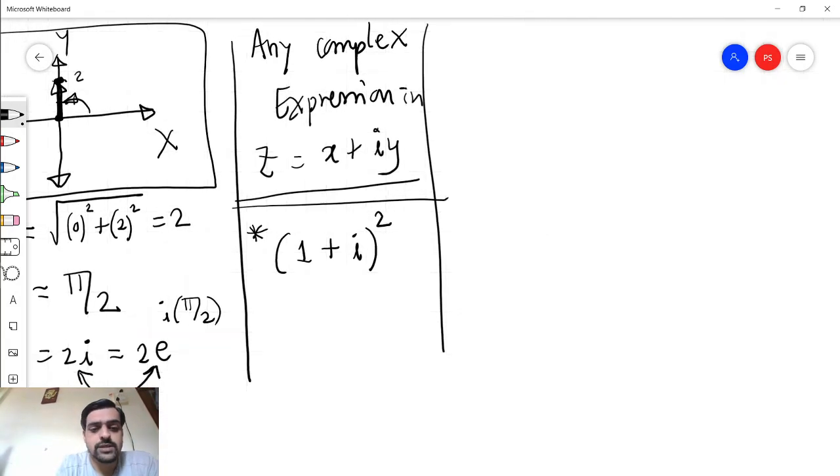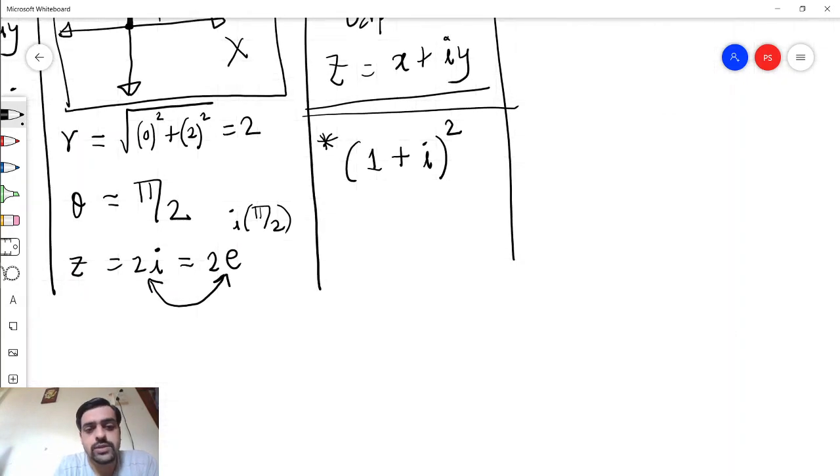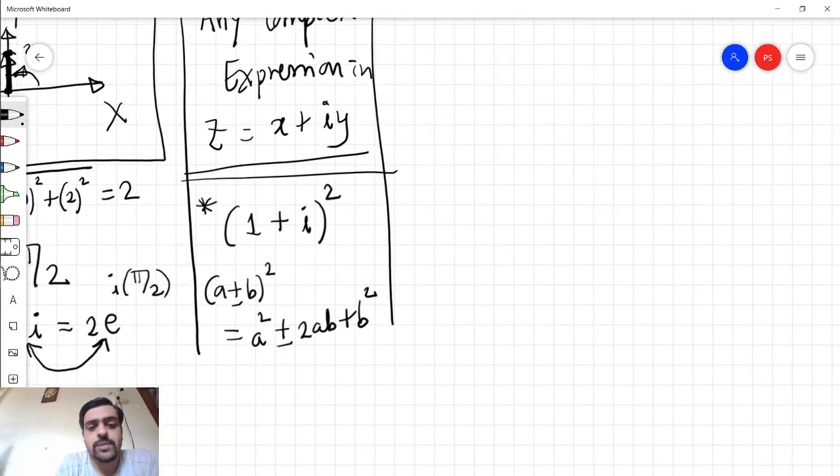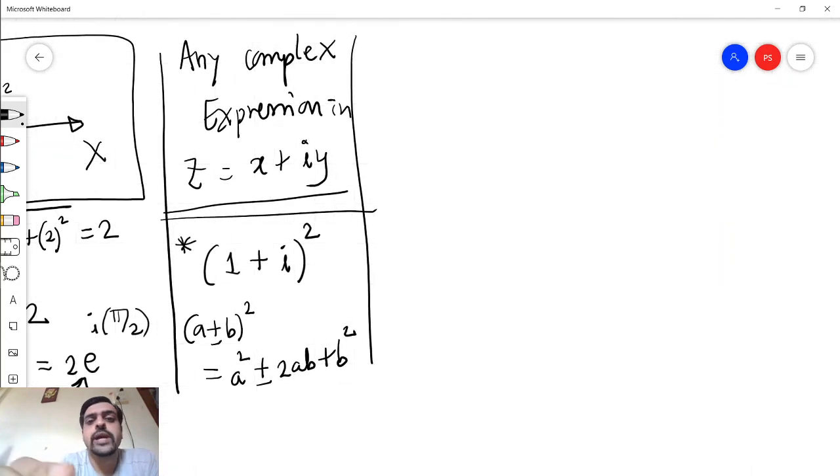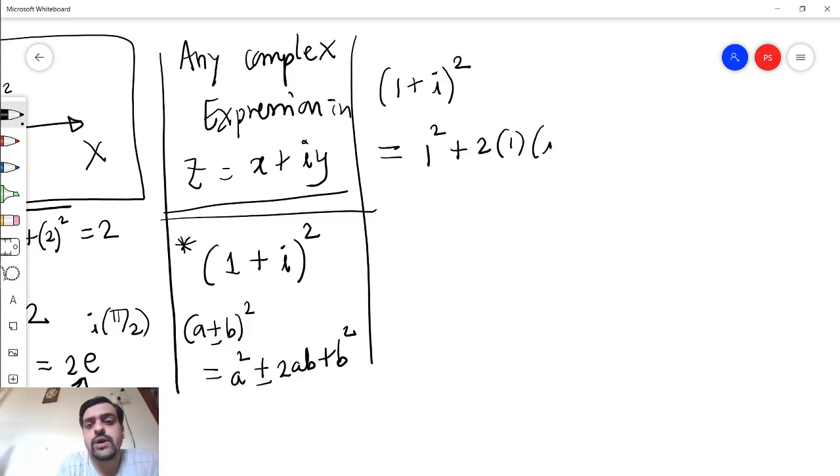We have to solve this using the well-known formula a plus or minus b bracket squared equal to a squared plus or minus 2ab plus b squared. We will apply this formula to get 1 plus i bracket squared equals 1 squared plus 2 into 1 into i plus i squared.